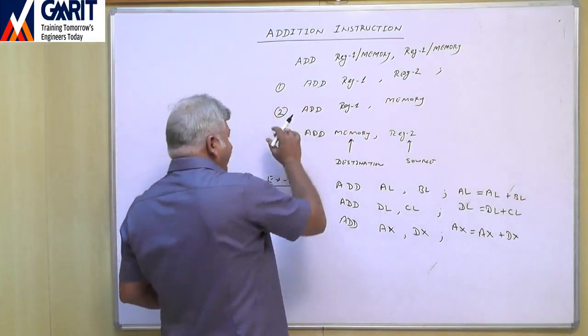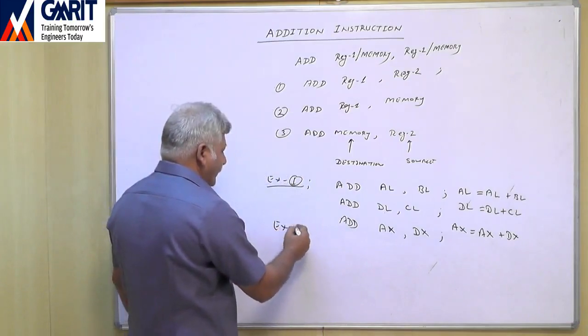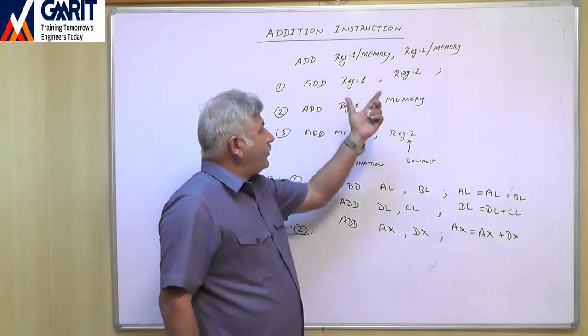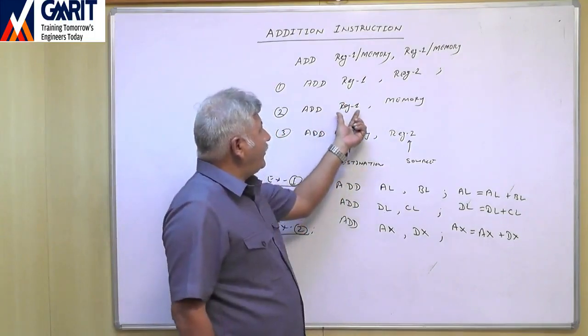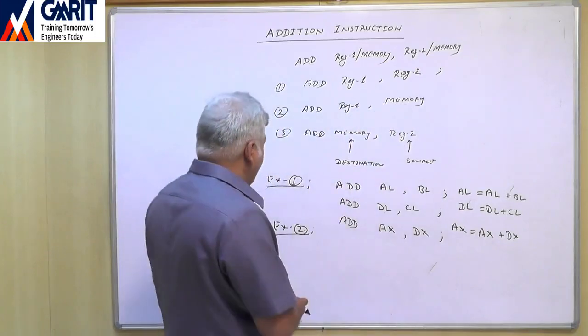Now examples of the second form, ADD register 1, comma memory. Here one of our data is in a register and the second data will be in memory.